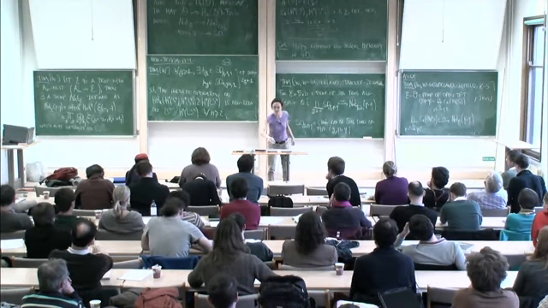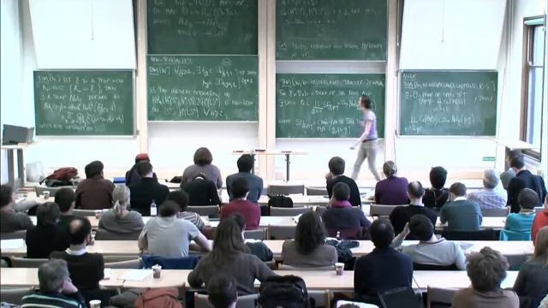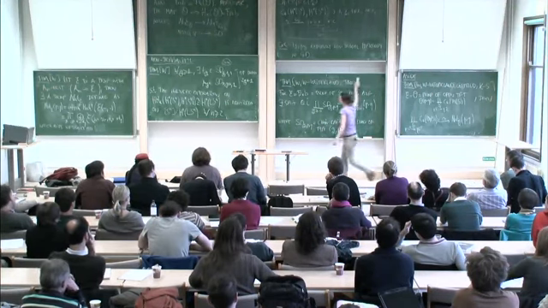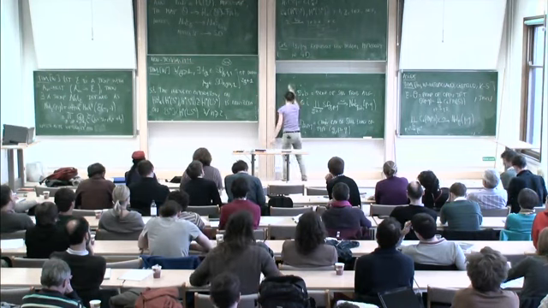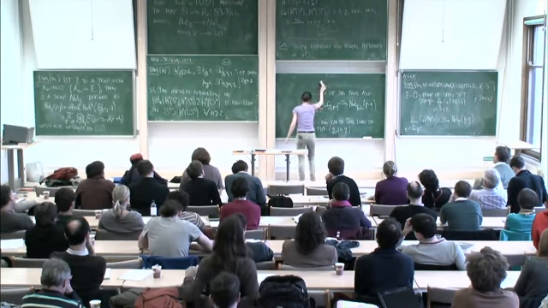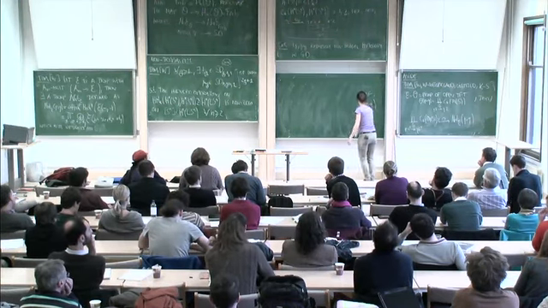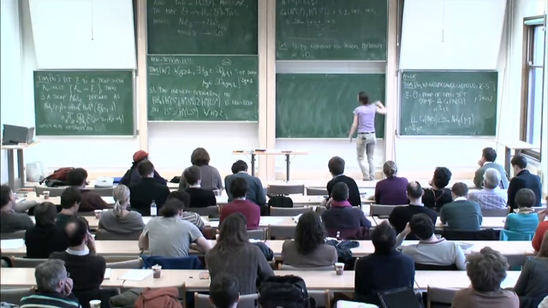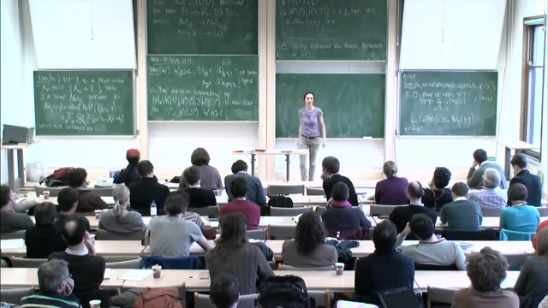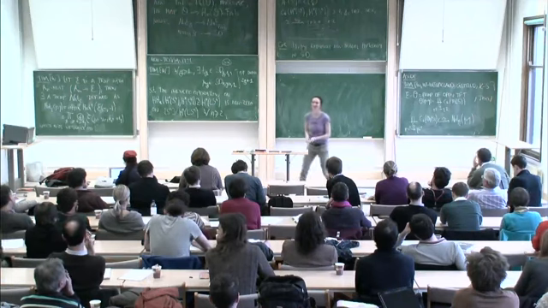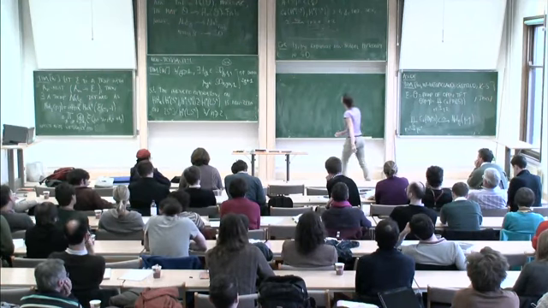Good. So I promise to come back to a geometric interpretation. When you're talking about operations on the free loop space, it should have something to do with loops. And so one could describe this.